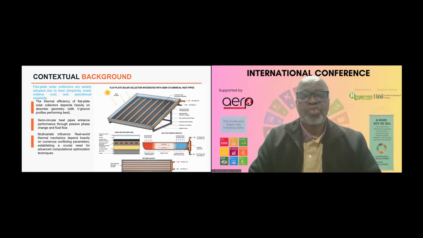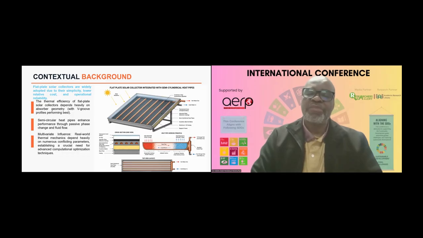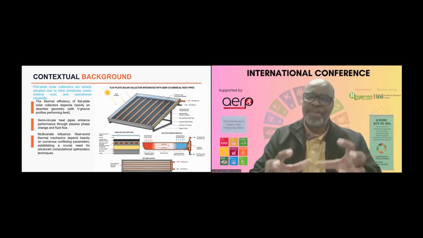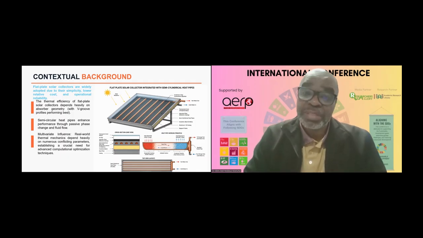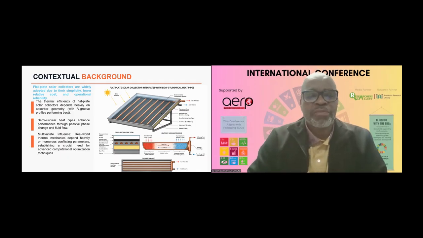Because we have to optimize different variables. As I said, we are using 3 different absorbers, and for each absorber, we have got different parameters that we have to optimize. So we have a multi-objective system here. That's why we are going for this method of Grasshopper multi-objective optimization.